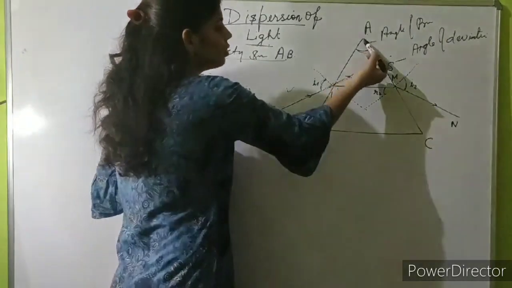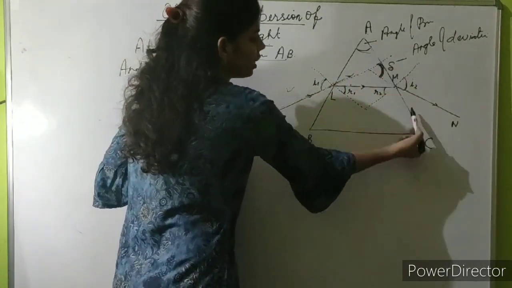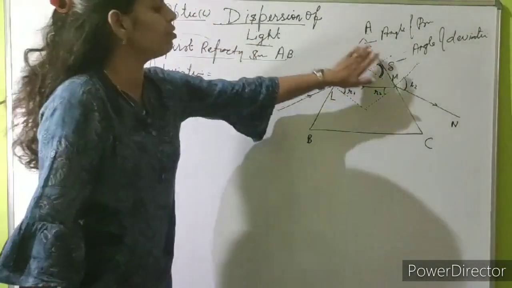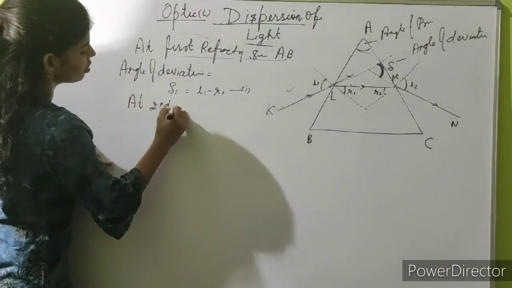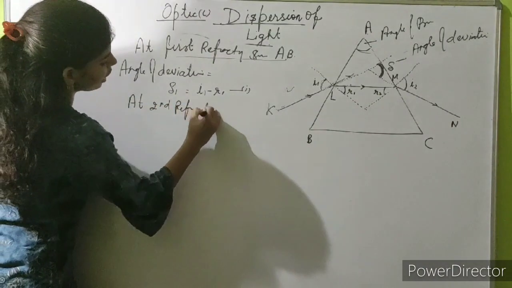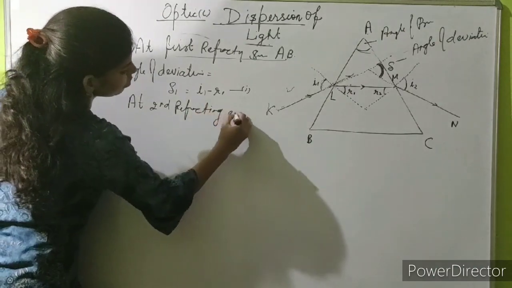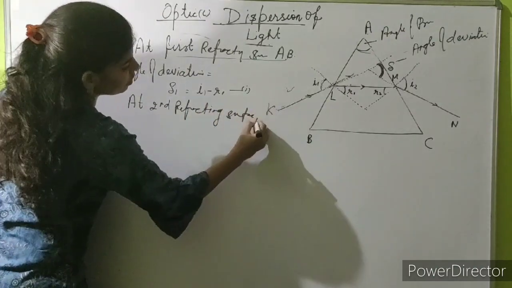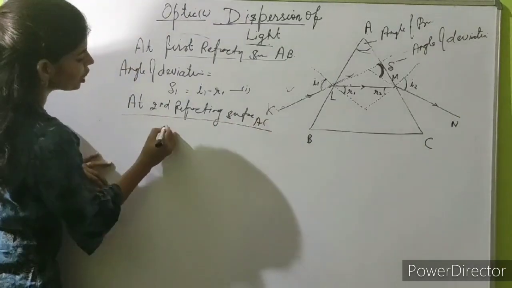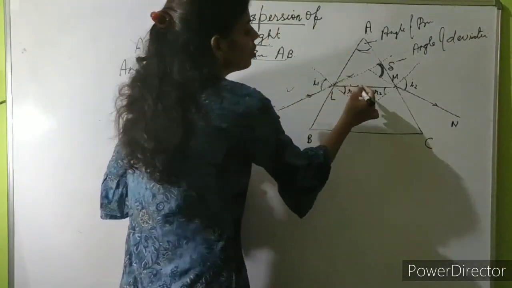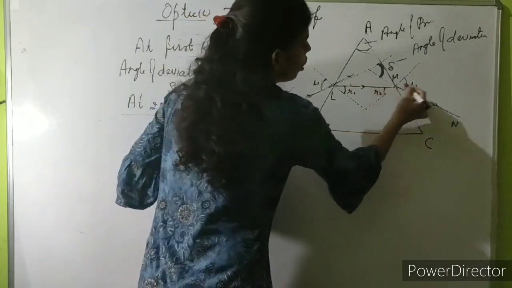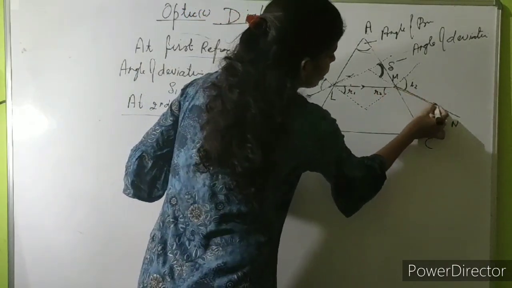When this refracted ray comes to the second refracting surface, कौन सा? AC. Deviation is denoted by delta 2, and this is equal to, this was the ray, this should go like this, and now it is going like this.